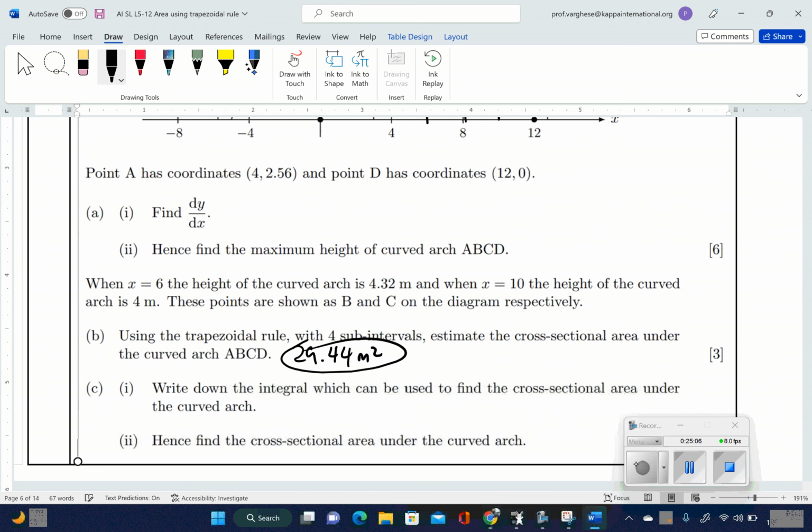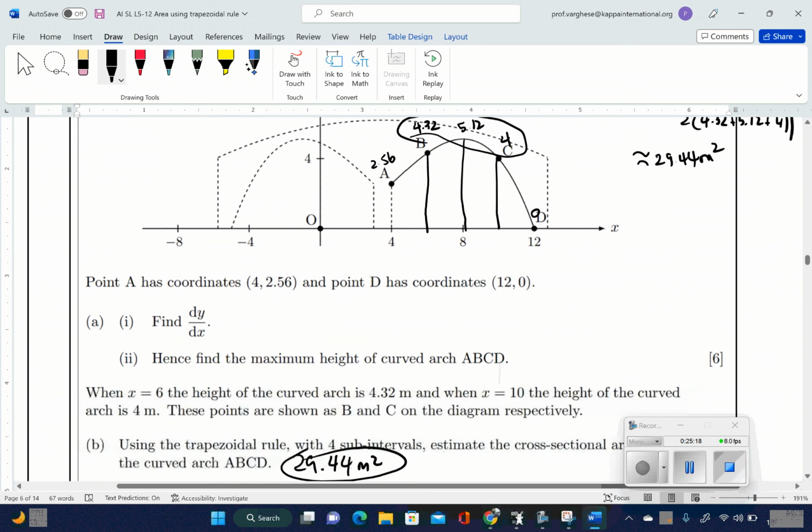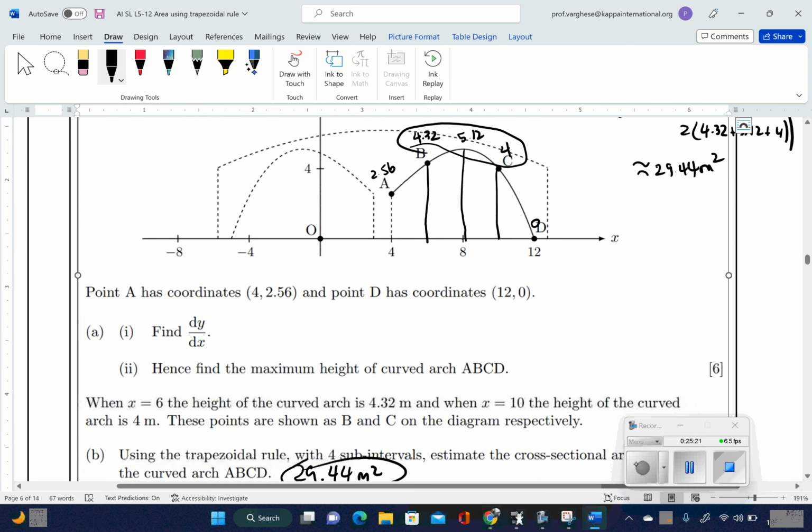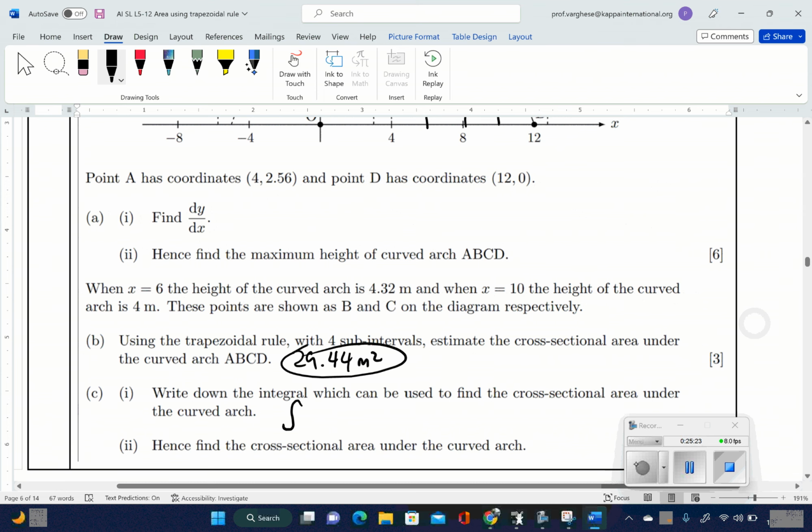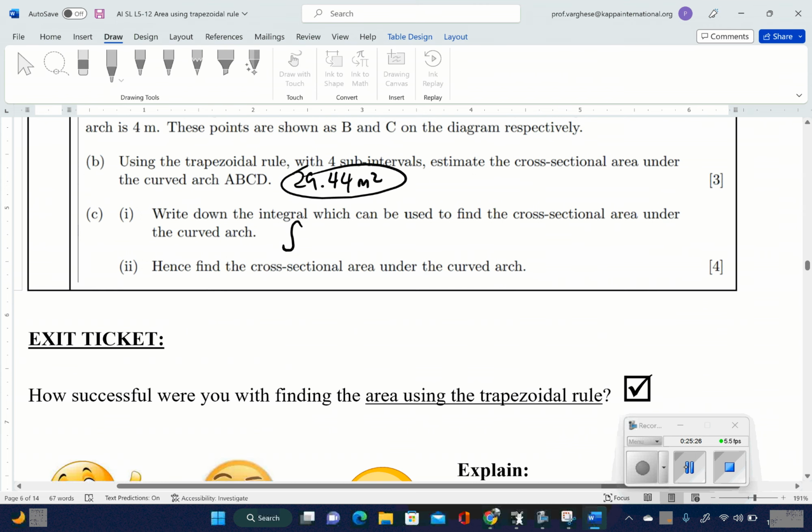All right. Next thing, it says write down the integral which can be used to find the cross-sectional area under the curved arch, right? So we're going to go ahead and put our integral. Where is it that we start? We start at 4 and we wind up at 12. So let's go ahead and write that down. So it starts at 4, ends at 12.